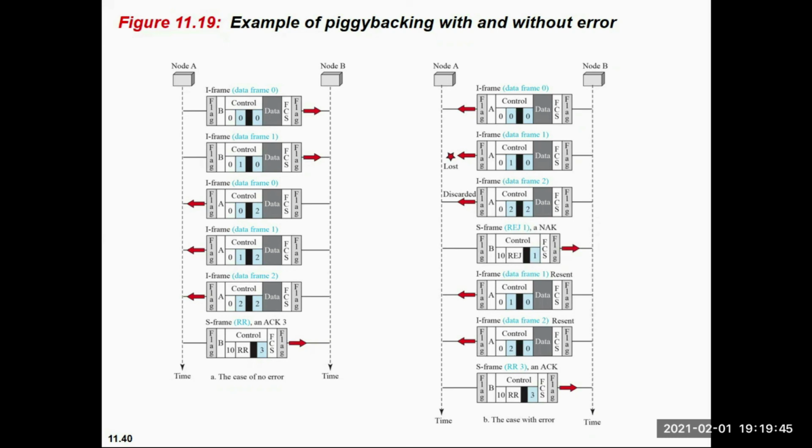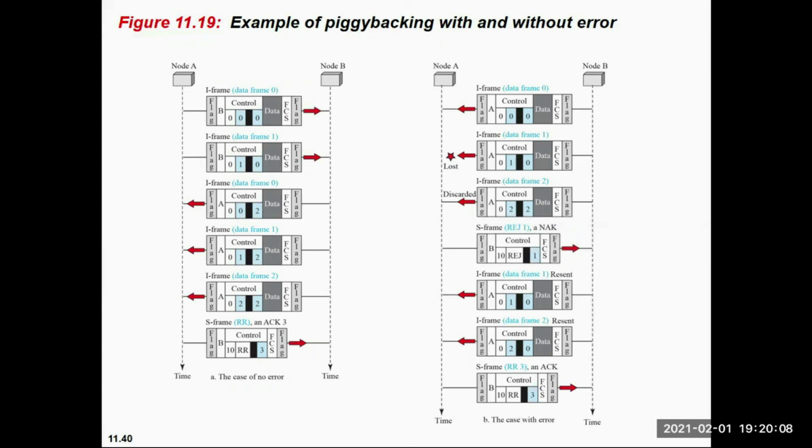And it is sending a supervisory frame, that is S frame, to request retransmission of frame number 1. After requesting, node B is sending frame number 1 and then it again sends frame number 2.